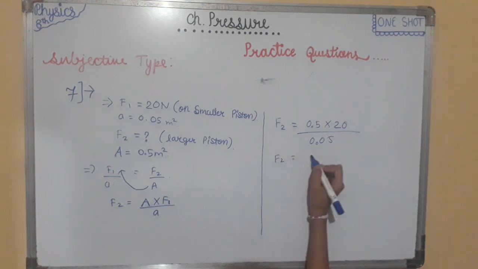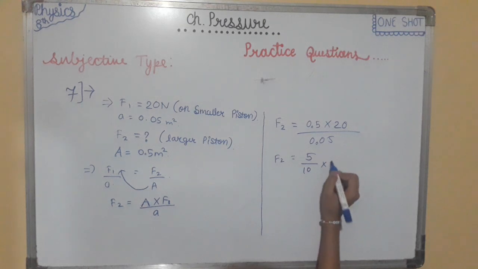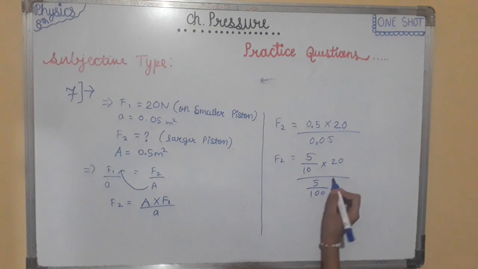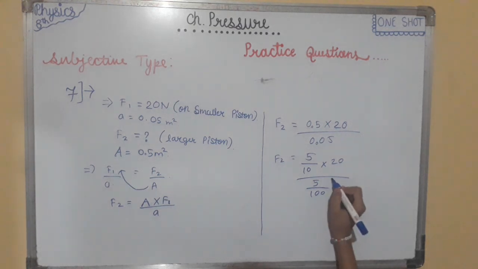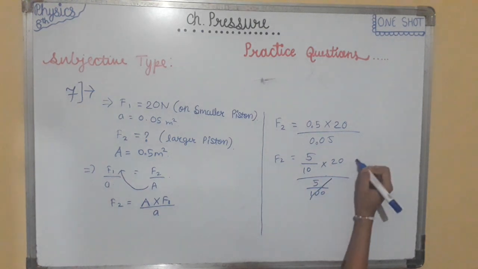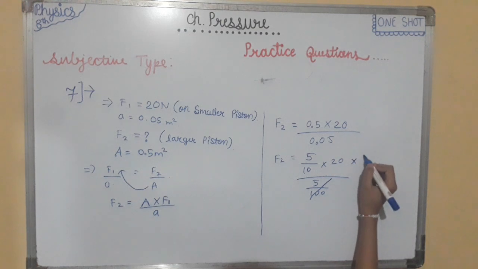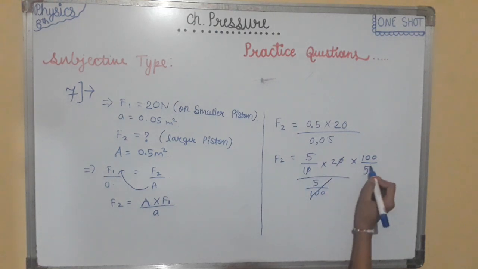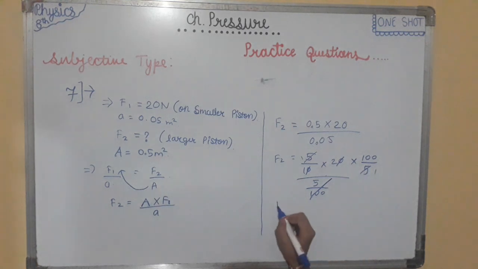So F2 will be equal to 5 by 10, if we convert the decimal into fraction, into 20 upon 5 by 100. So this is a compound fraction, so we will convert this. 100 by 5 multiplied with this whole. 0 will get cancelled. 5 ones are 5, 5 fours are 20, so 2 into 100.